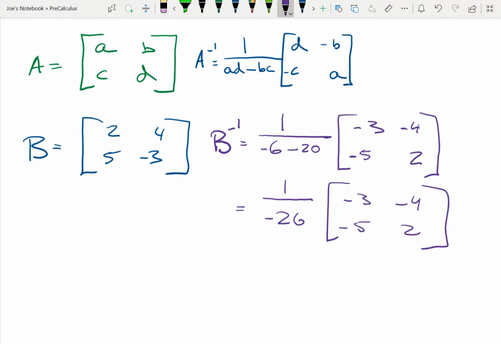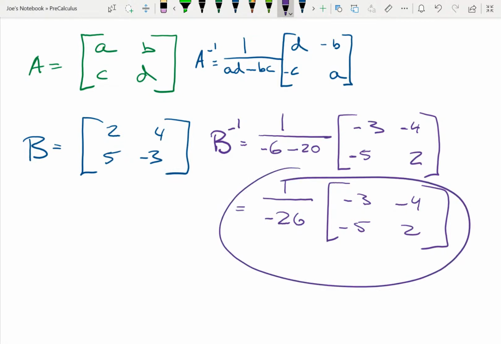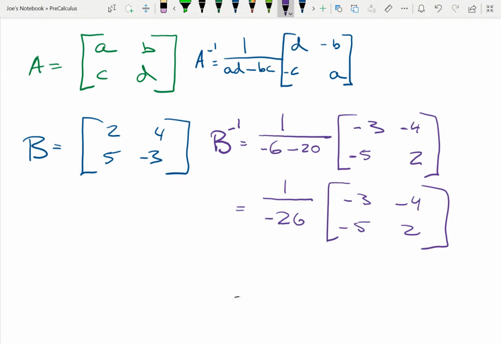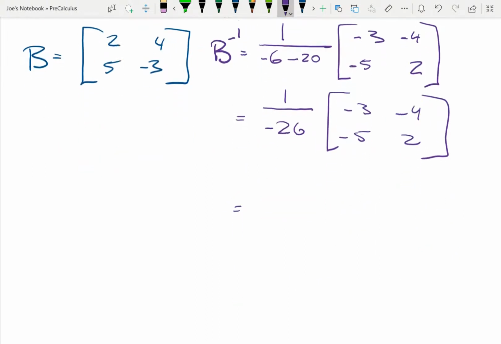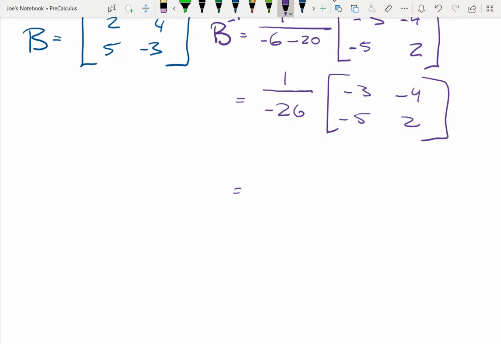Now, it depends where you go for help. If you look in your book, or on some web search, some people might distribute that in. What I mean is some people might say the answer is positive 3/26.